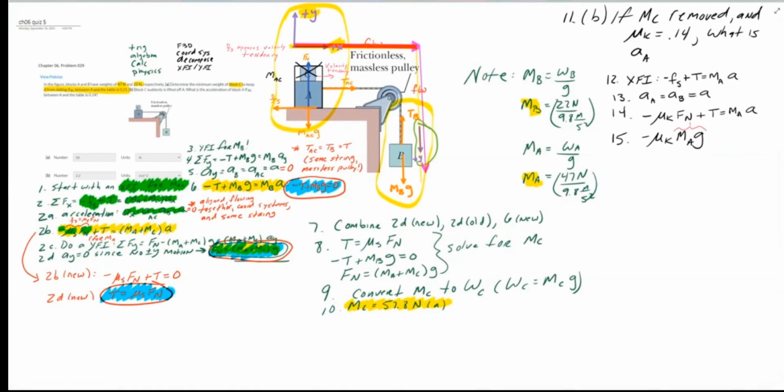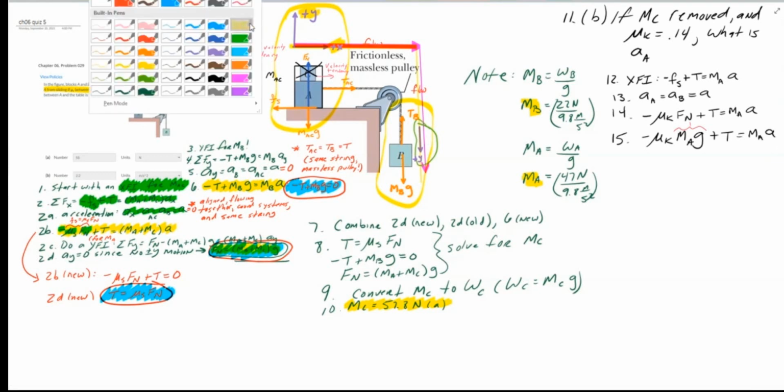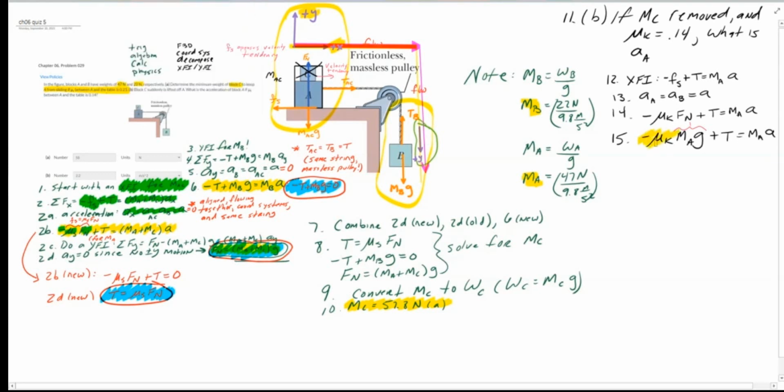Plus T equals MA. So that's my X force inventory, which also kind of included the Y force inventory. I'm going to highlight that in yellow. Done with the inventories for block A.